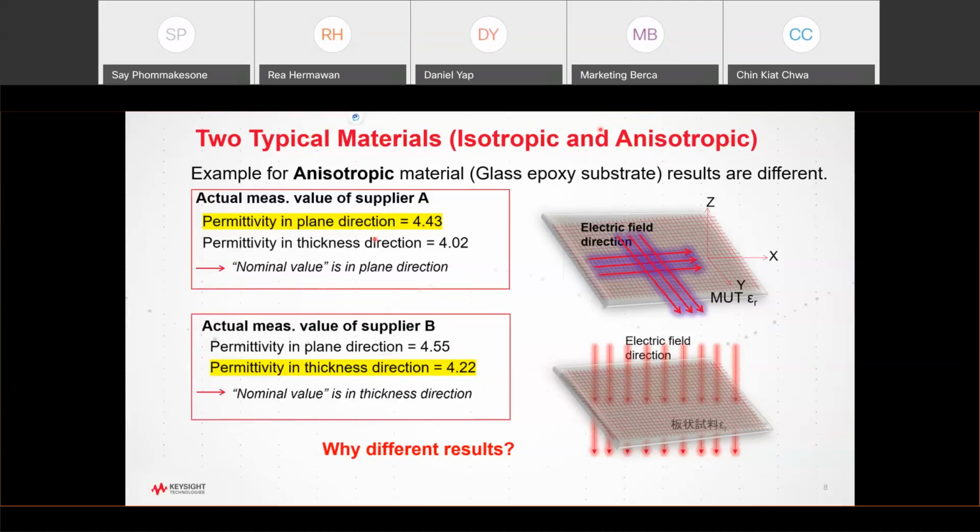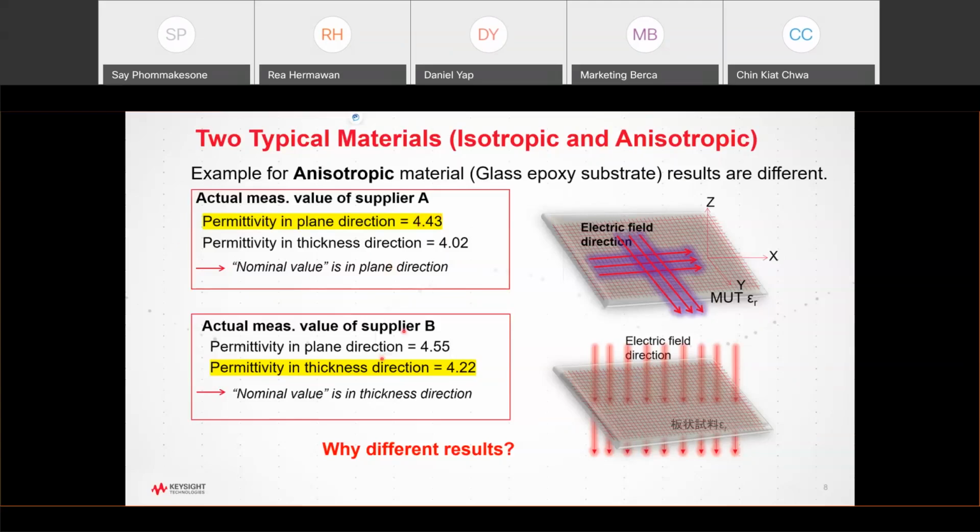For example, here, supplier A measured permittivity in the plane direction. It came out to be 4.3. And measured in the thickness direction, like this here, it came out to be 4.2. And when you see it in our data sheet, it says nominal value. In this case, it was measured in the plane direction, so it gives you 4.3. Okay?